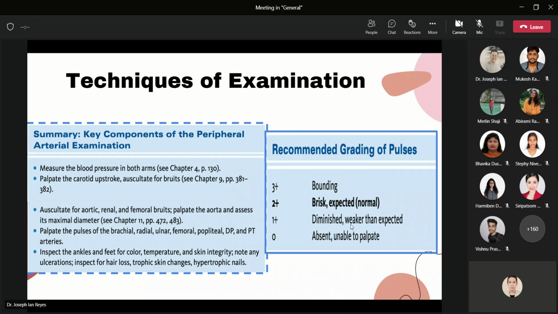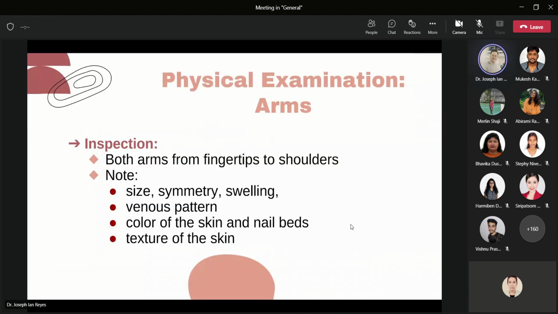Okay. So how to do physical examination? First, inspect your patient. Don't do palpation right away. Don't do auscultation and percussion right away. First, inspect your patient. So again, both arms, fingertips to shoulders. Check everything. If your patient is wearing a shirt, ask your patient if it's possible to remove the shirt.